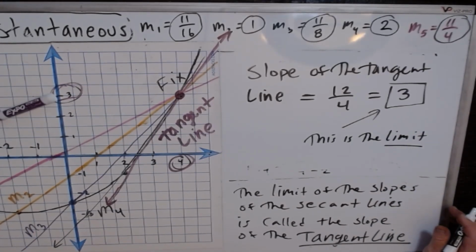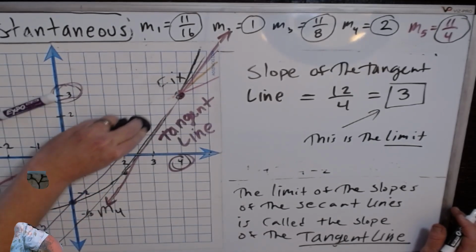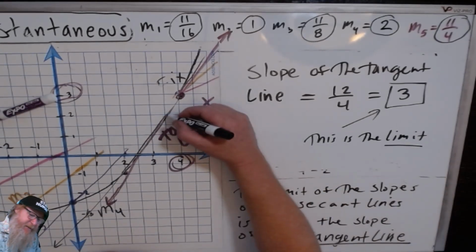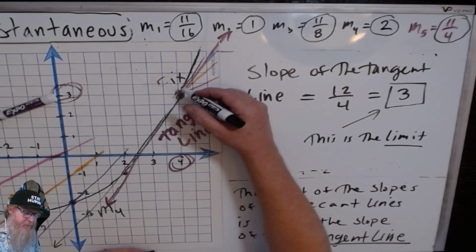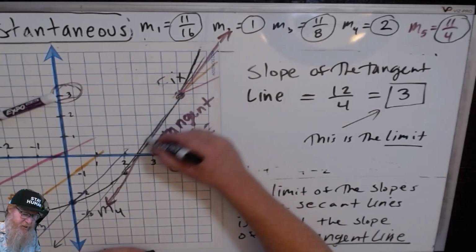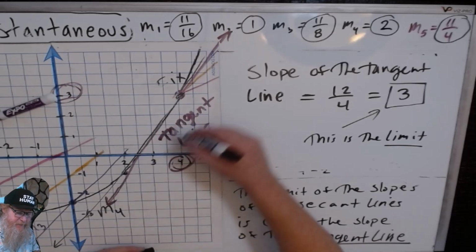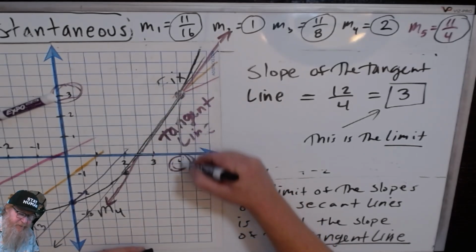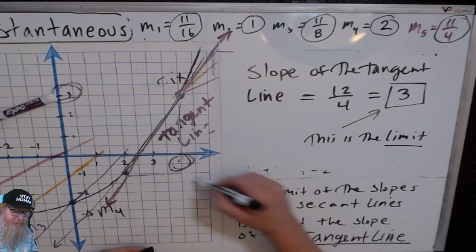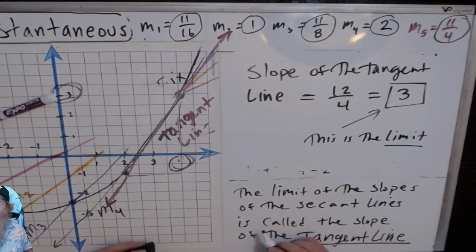All right. Now, it's very difficult to see with this sort of messy graph here, but if I erase everything except the tangent line, if I just draw the tangent line here, you can see that the slope is approximately 3. Pretty darn close to 3.